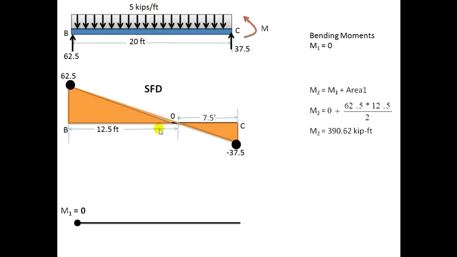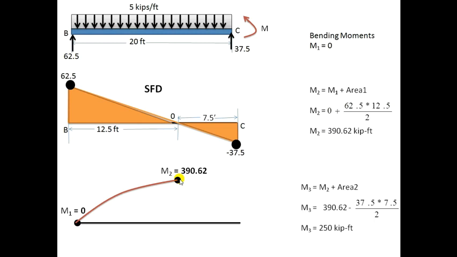This A1 is the SFD area, this one, which is equal to 62.5 into 12.5 divided by 2. This is 390, the moment value at this point, at x equal to 12.5.